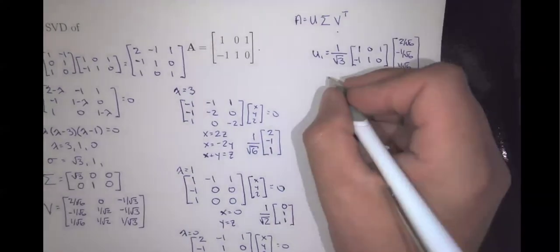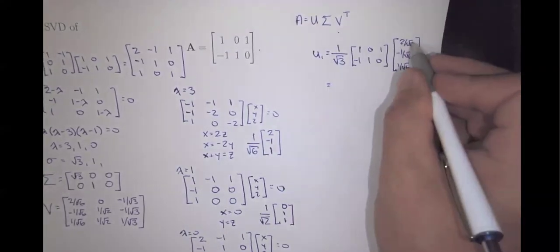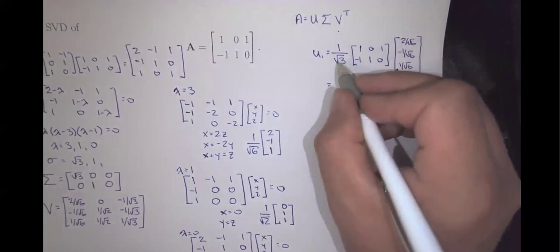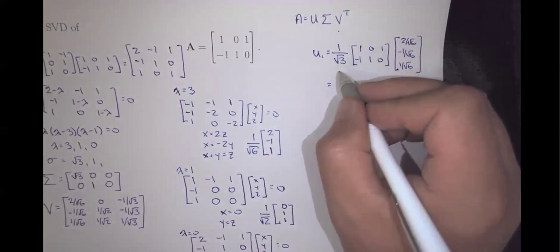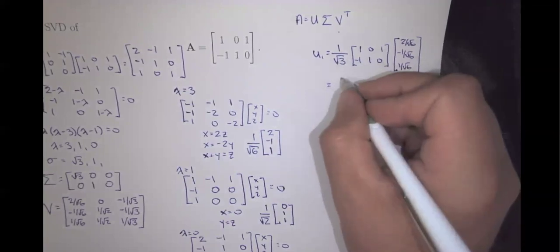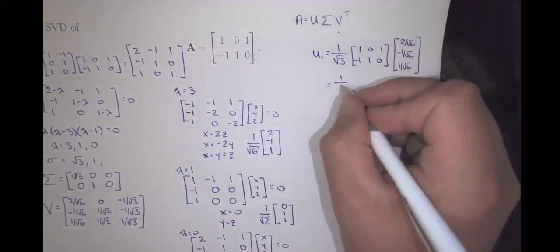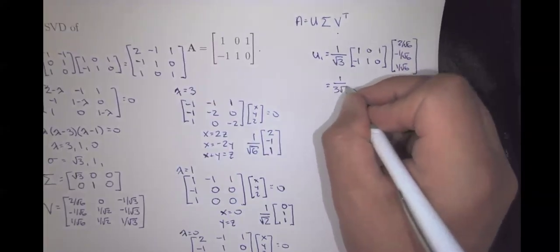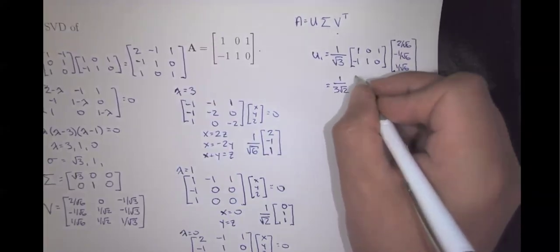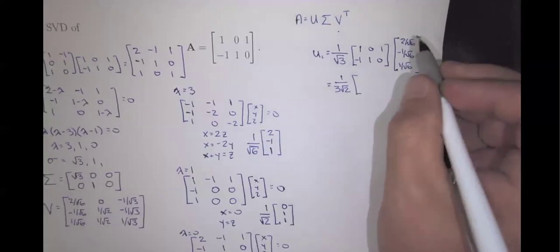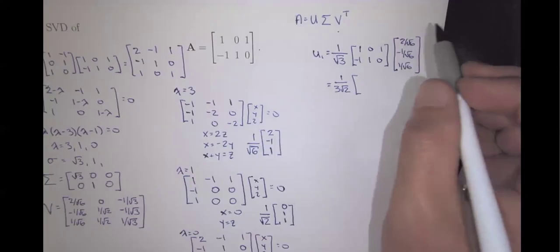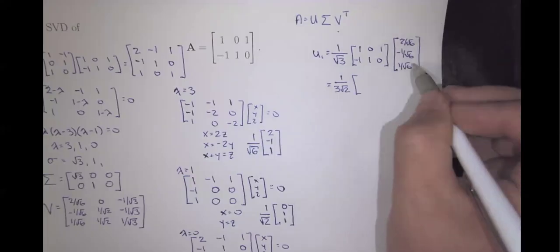The root 6 times the root 3 is going to give me 3 root 2 on the bottom. So then I can multiply without worrying about that division.